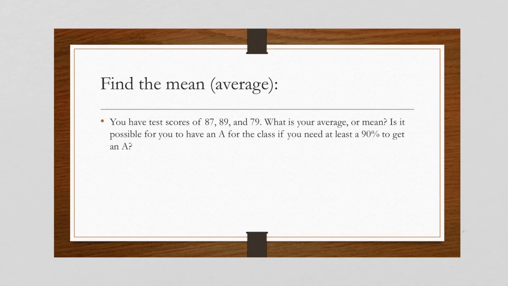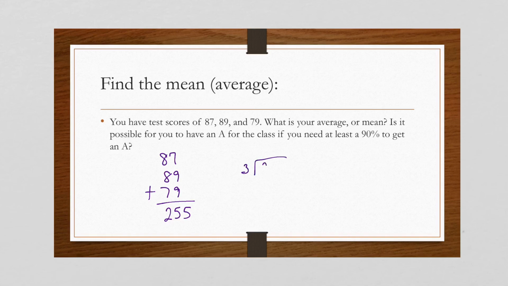To find the average, first we want to add these guys up. 87, 89, 79. Okay, whenever I add those up, again, I'm just going to use my calculator. 87 plus 89 plus 79. I get 255. Now that's not my average. Now I have to divide by 3.